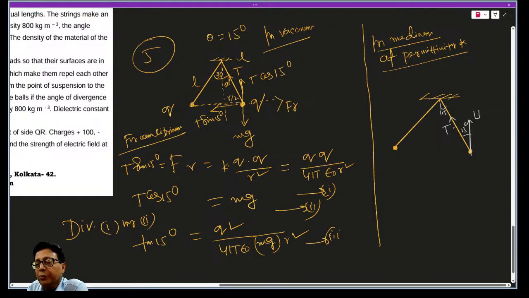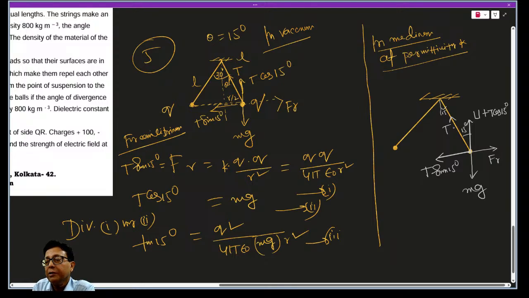T has a component, weight mg downward. This is T sine 15. This is the repelling force. In the upward direction, what are the forces acting? U and T cos 15 degree. I think you all understand.